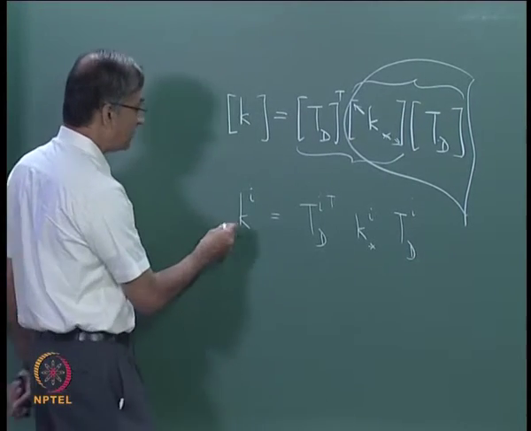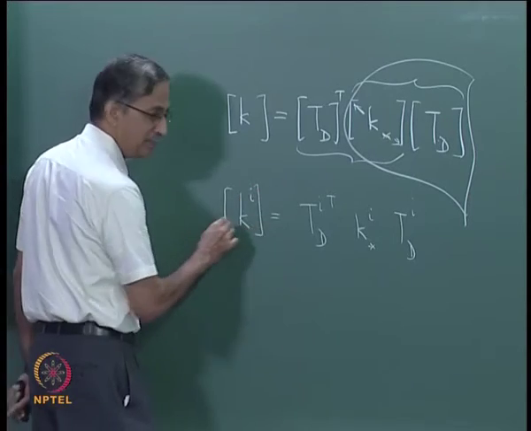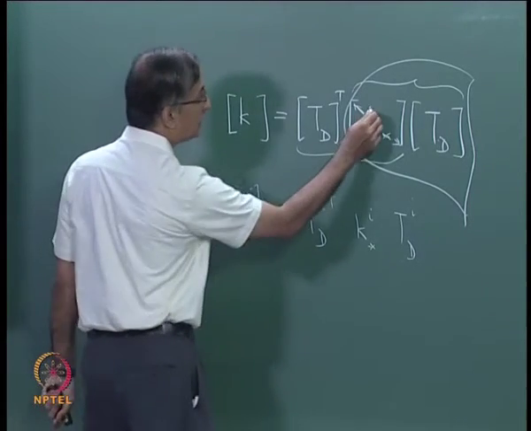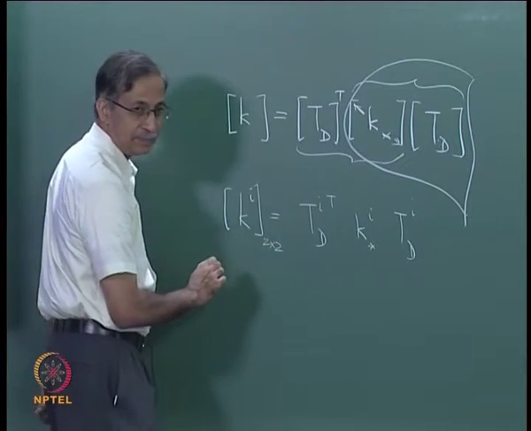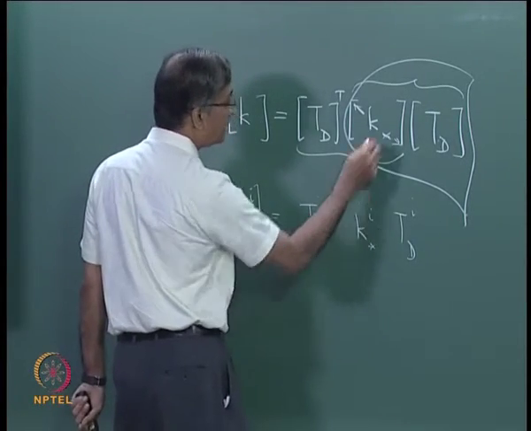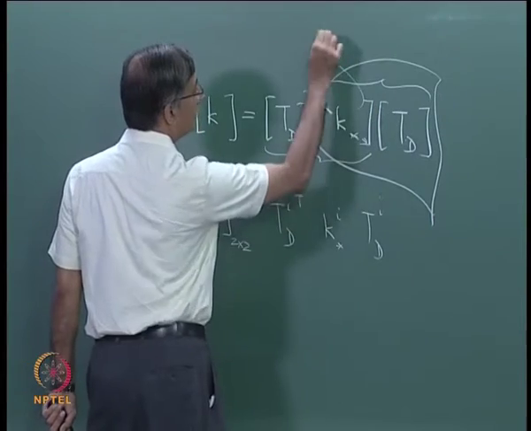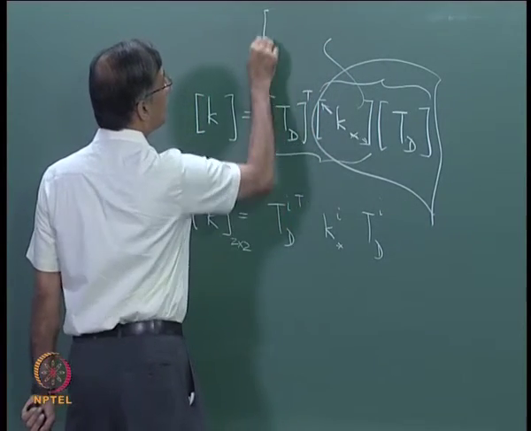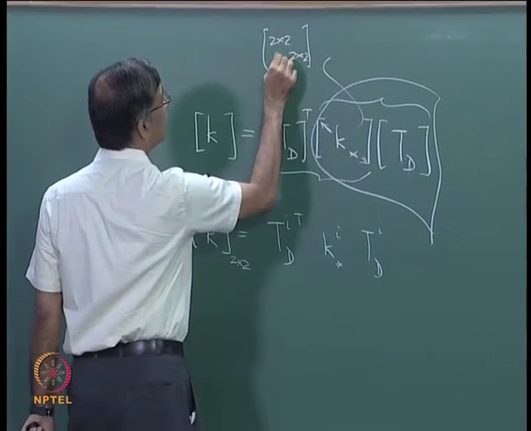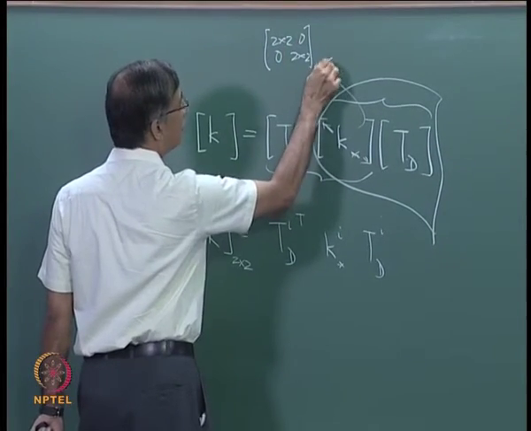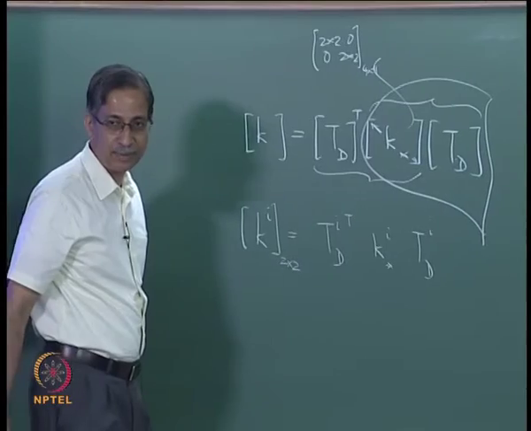And what will be the size of this matrix for this particular problem? What is the size? It is 2 by 2. What is the size of this matrix? Well, it will look like this. You got a 2 by 2 there, you got a 2 by 2 here, and so you got 4 by 4, right.